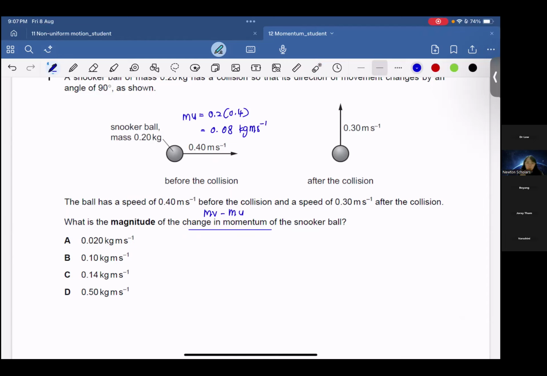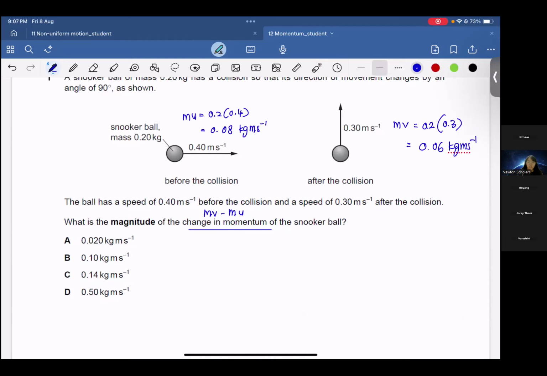Then we also need to calculate mv after collision. The mass doesn't change. Although here they didn't label, we also know that this is 0.2, times 0.3. So our answer is 0.06 kg meter per second. We calculated mv, we calculated mu.